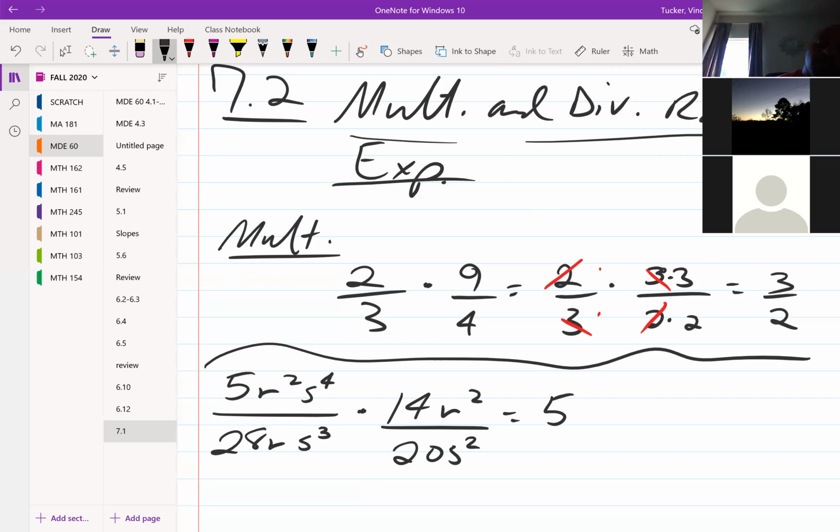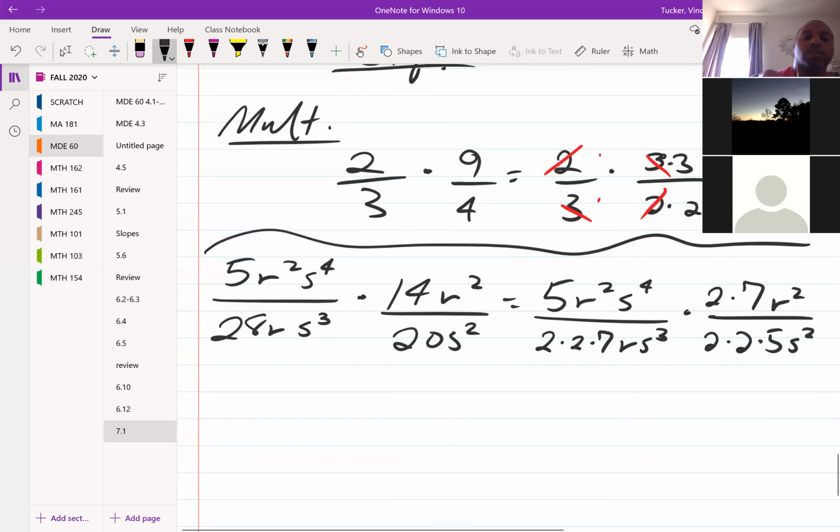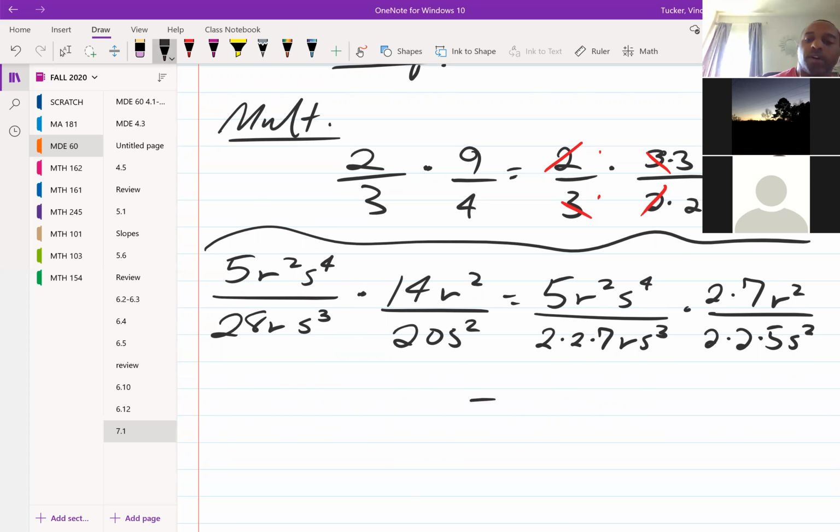So once again, we're looking at this process of canceling before you multiply. 28 is 4 times 7, which would be 2 times 2 times 7. 14 is 2 times 7. 20, 4 times 5, so that'd be 2 times 2 times 5. Questions so far?